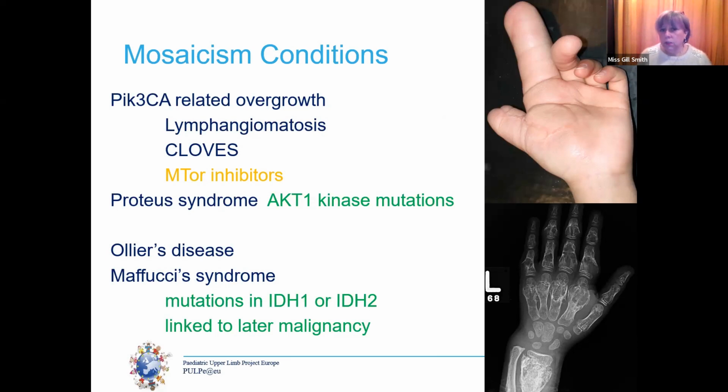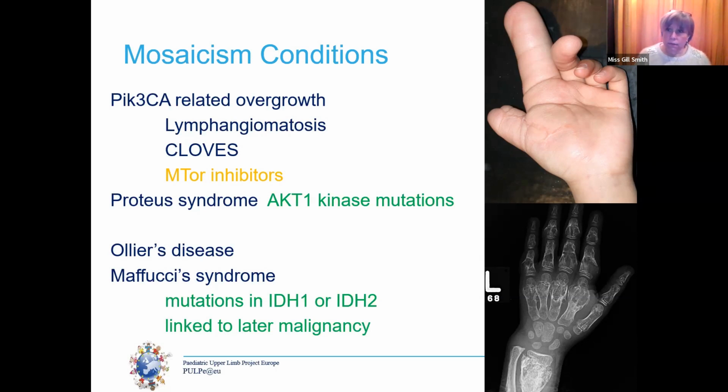Proteus syndrome, you've obviously got an AKT1 kinase mutation, and they get lots of fatty lumps appearing elsewhere. They get overgrowth, particularly their feet, and very typical appearance with vascular malformations as well, which are often capillary-like appearing.